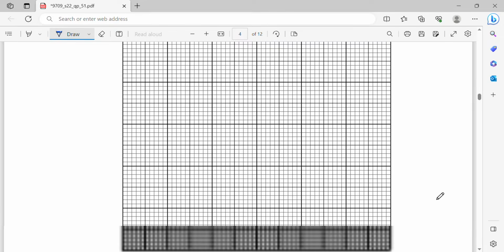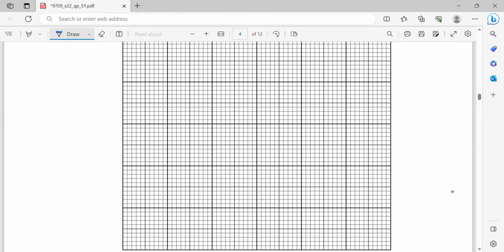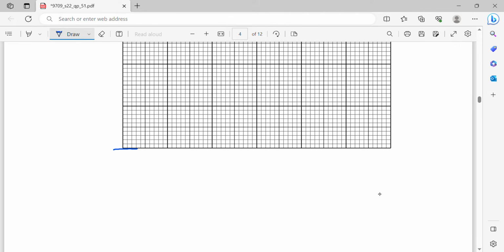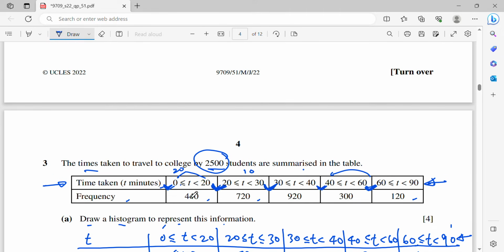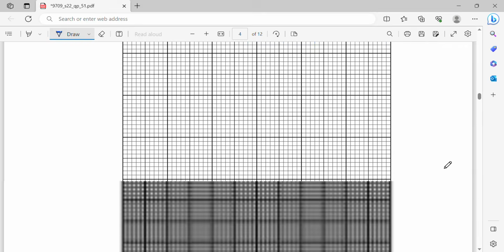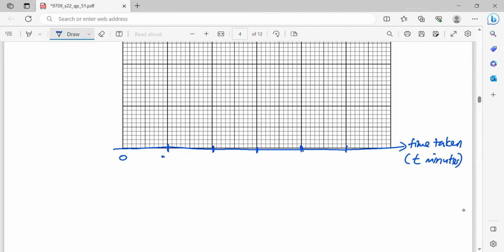Okay, so now by looking at this graph, I will start with here. This is the time taken, t minutes. Here will be 0. Let me check the interval first, because we need to include 0 and 90, up to 90 for the t. So I will let it be 20 each. Right?